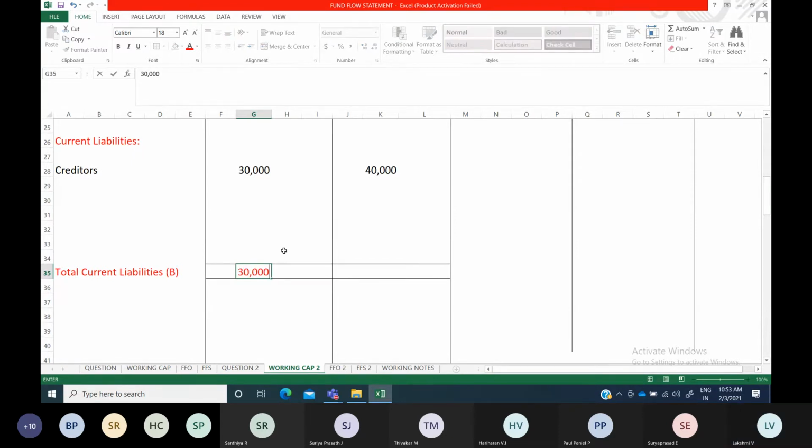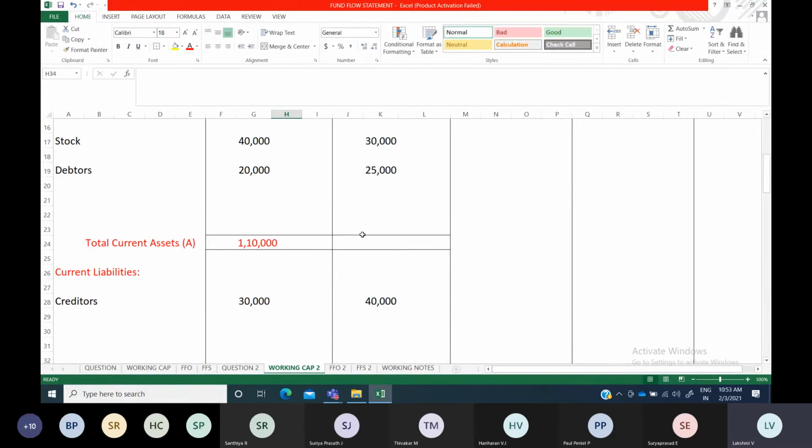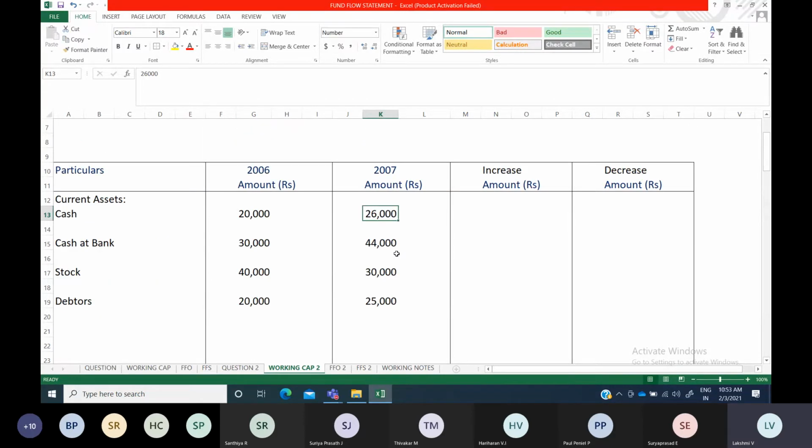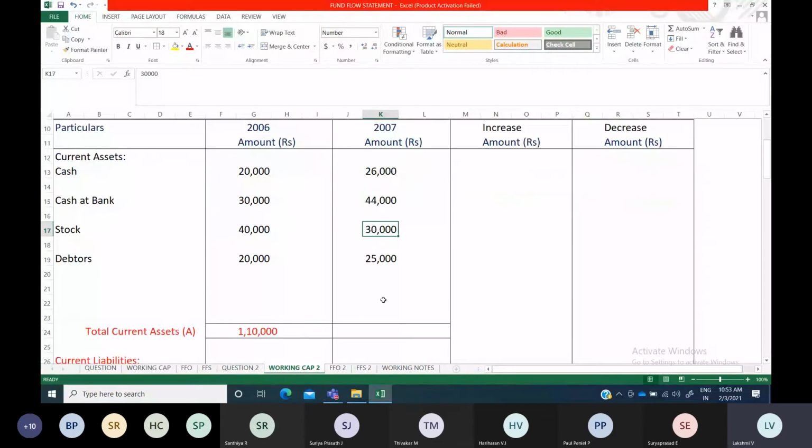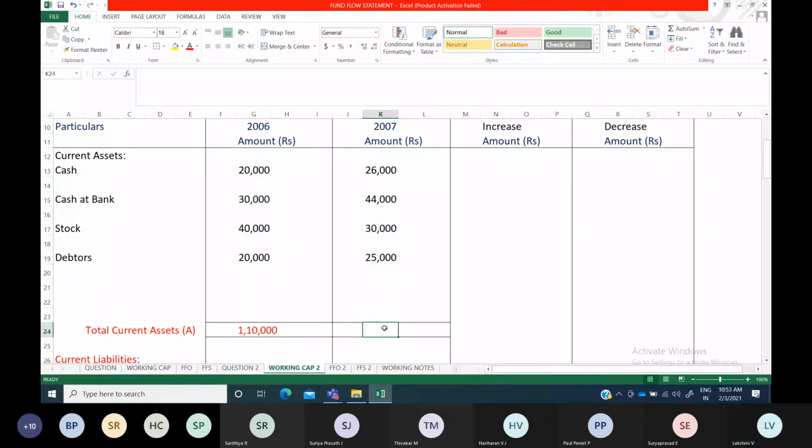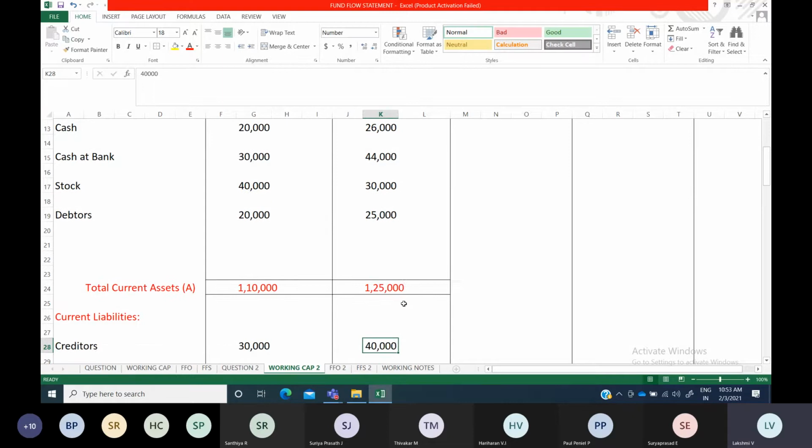Now find out how much you are getting for 2007. 26,000 plus 44,000 plus 30,000 plus 25,000. How much you are getting? 1,25,000, ma'am. 1,25,000. Okay. So current liabilities, if you see that same 40,000 only, nothing.